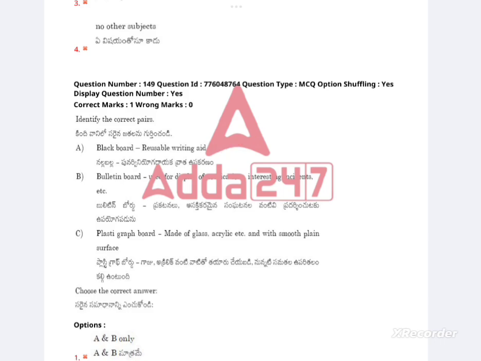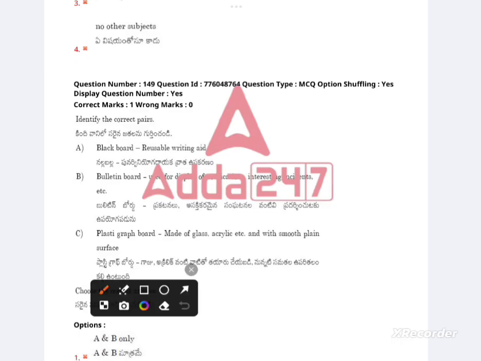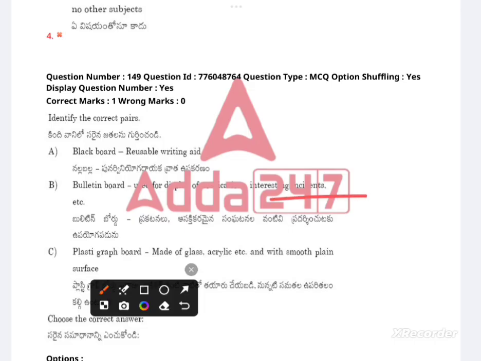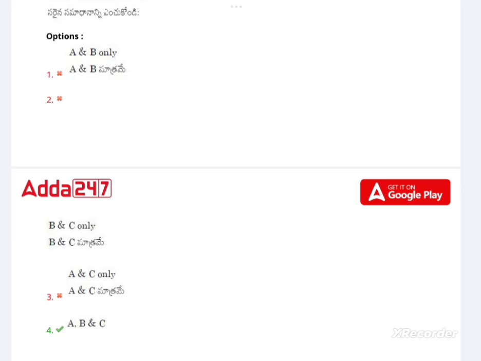And bulletin board, useful for display of interesting incidents. And C, plastic graph board, made of glass, acrylic, etc., and with smooth plain surface. And our correct option is the fourth, A, B and C, meaning all are correct.